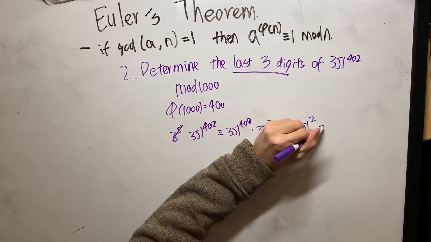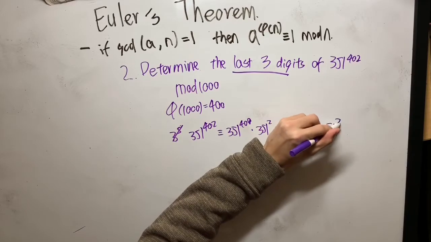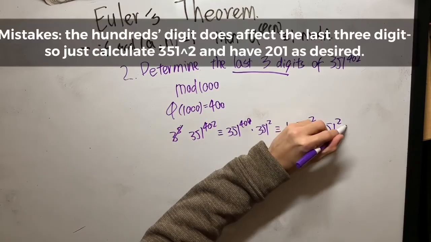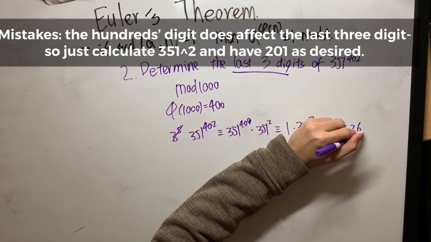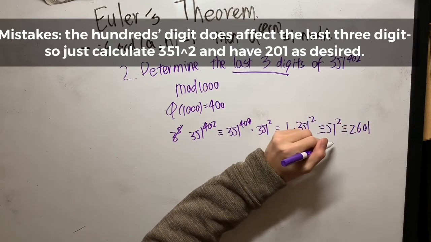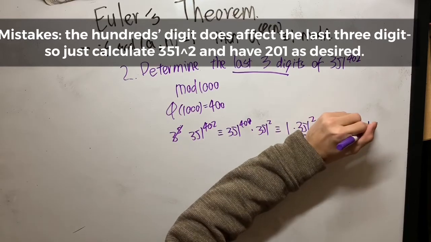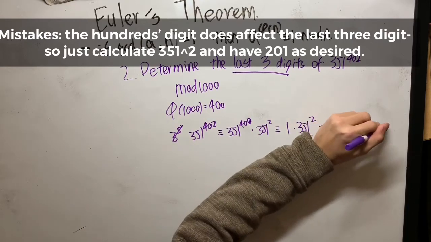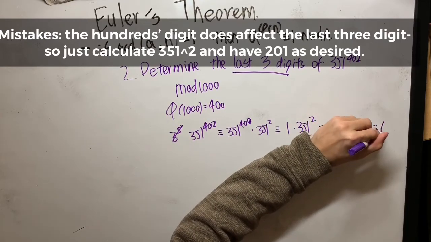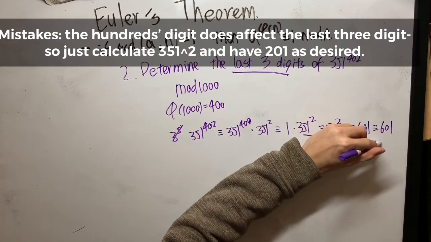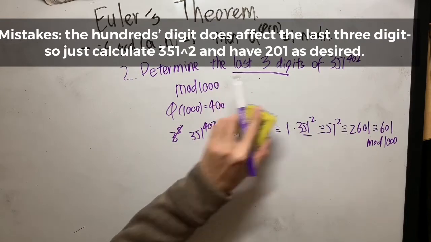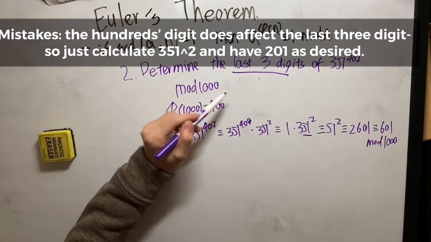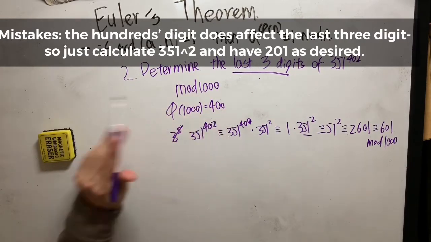So this is congruent to 51 squared, and 51 squared is 2601, and the last 3 digits are 601. So this is congruent to 601 mod 1000, and we solve the question. We determine the last 3 digits are 601.